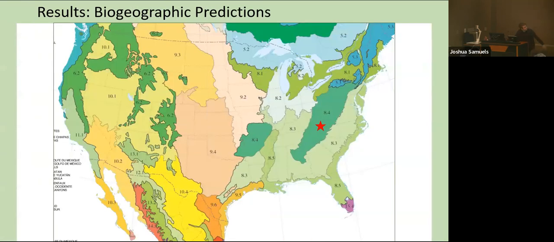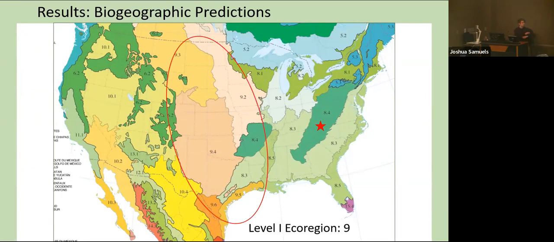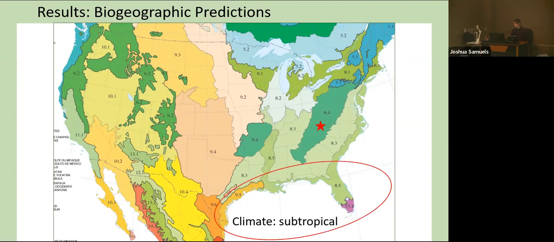We have the gray fossil site up there in Tennessee. For level 1 ecoregions, the Great Plains. So anywhere with a 9 on it, essentially that's from Canada all the way down to the Gulf of Mexico. That doesn't tell us very much about the ecosystem at gray. The climate regimes gave us a subtropical result. So that's like southern Florida Gulf Coast region where it's warm all year round, not really freezing temperatures at any point during the year.